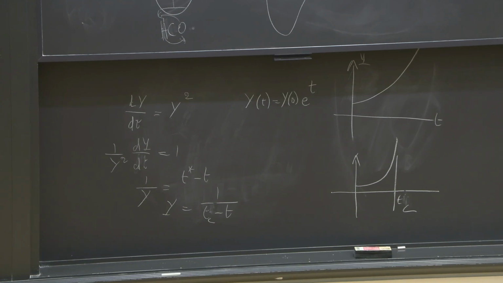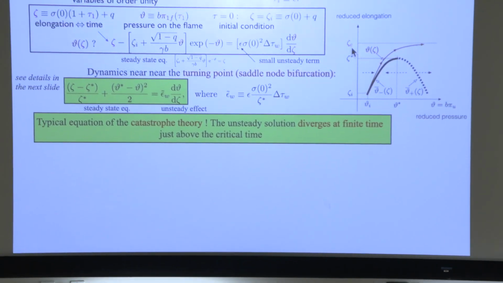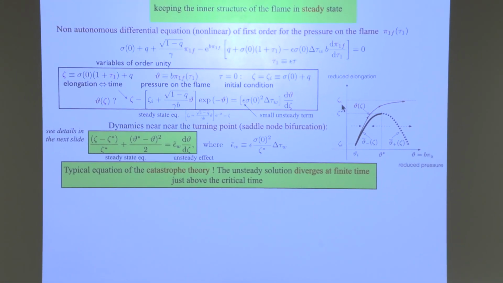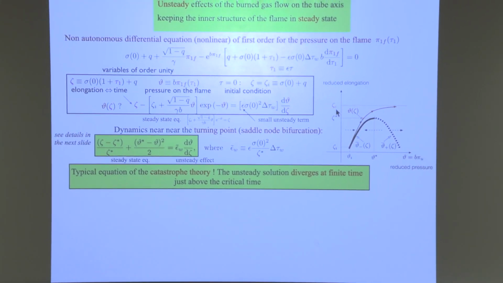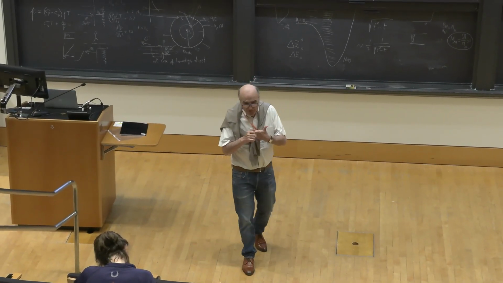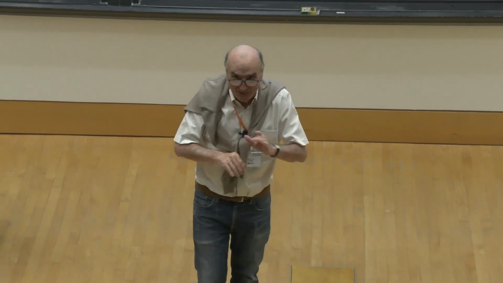So this equation is a typical equation for catastrophe theory. It was used recently for earthquakes, even for some strange theory based on epidemic growth that says that everybody is going to die in finite time. So hopefully it does not occur.